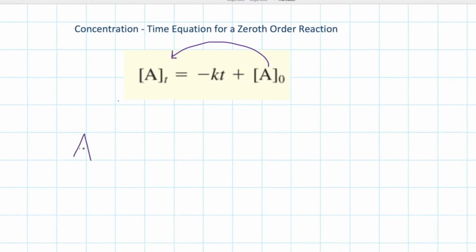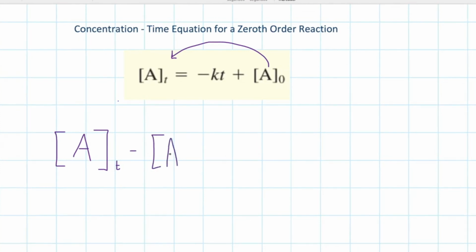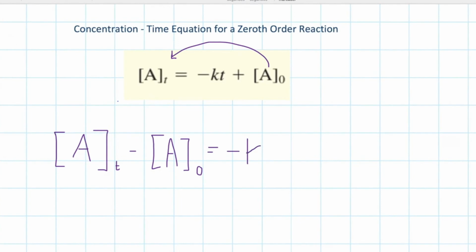So we would have current concentration minus initial concentration equal to negative K times T.